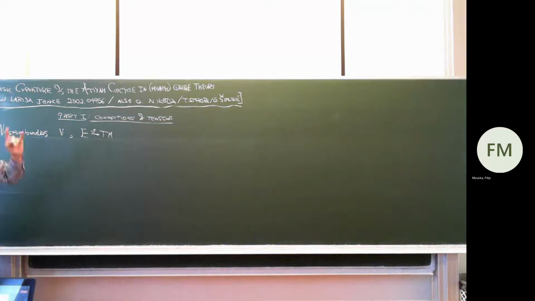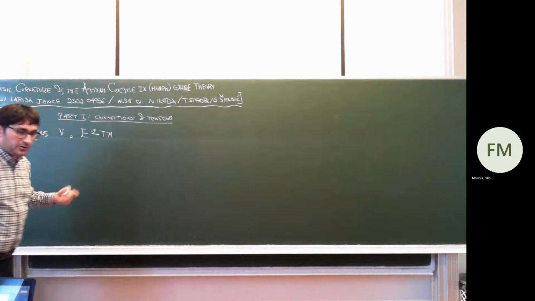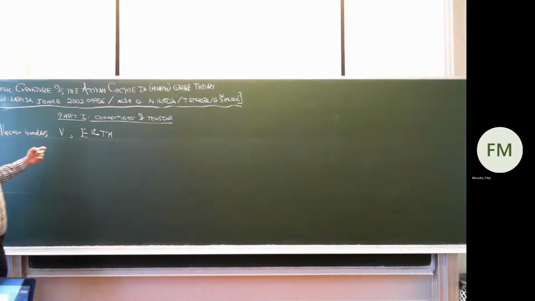For the moment, I will not assume anything else, but shortly I will. In fact, I will even restrict the framework even more. But the question now is how do we define covariant derivatives of sections of V along sections of E?